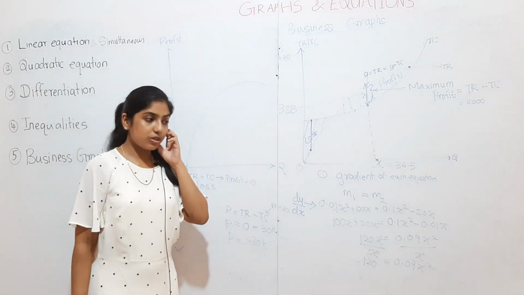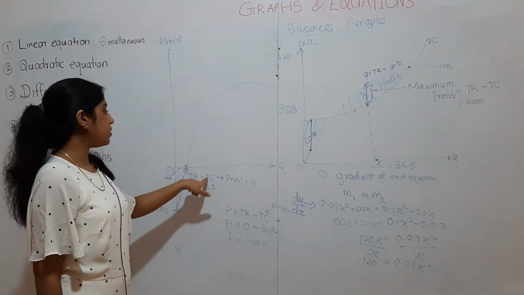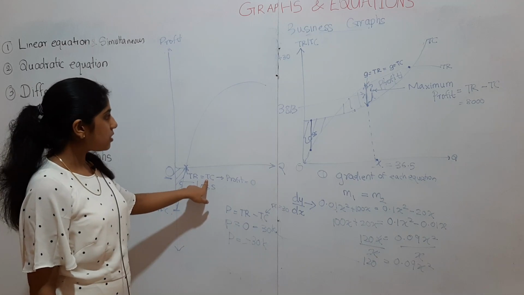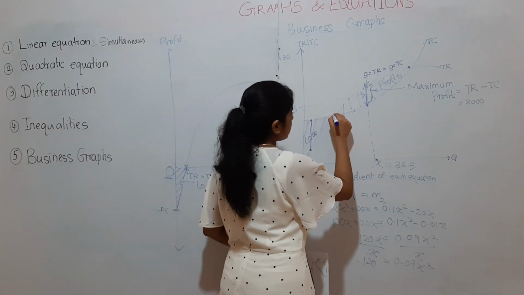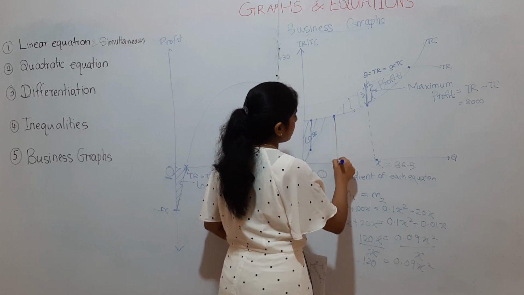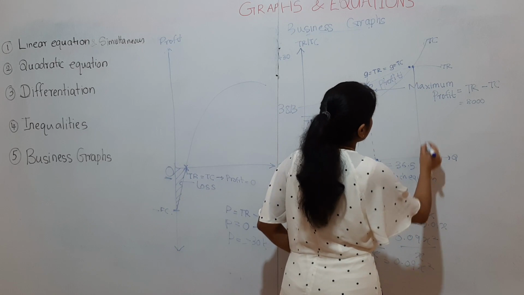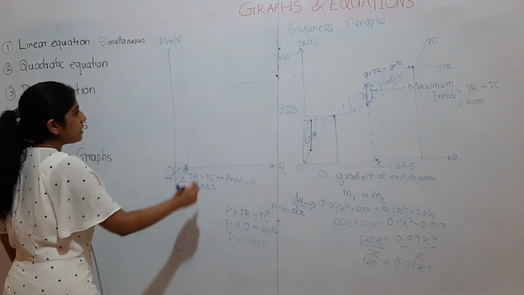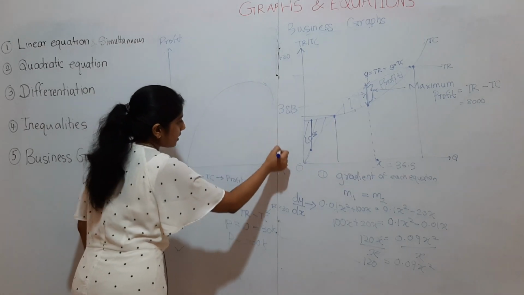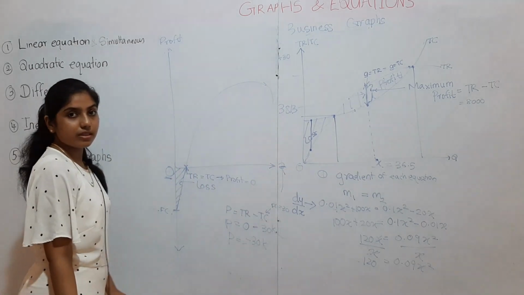If profit is equal to 0, that means total revenue is equal to total cost at this point, which could be these 2 points, this point and this point. At two situations, profit becomes 0. Maybe the curve will be going down like this again. Then this should be the second situation.